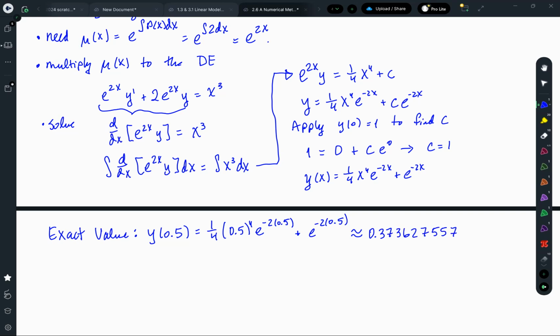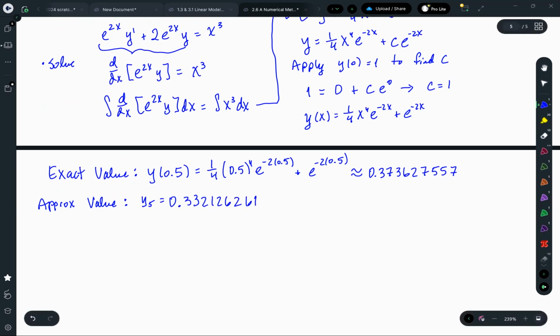And then just to recall, the approximate value was y5 is equal to, what do we get? 0.332126261. So pretty close, accurate to the 10th place. Not great, but it's okay.